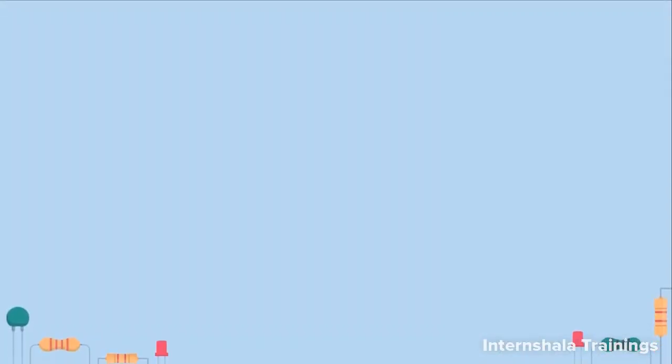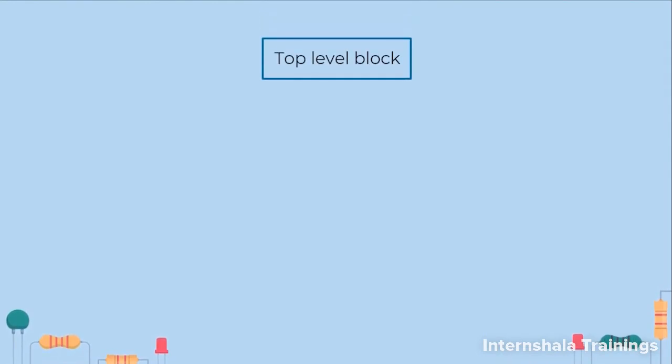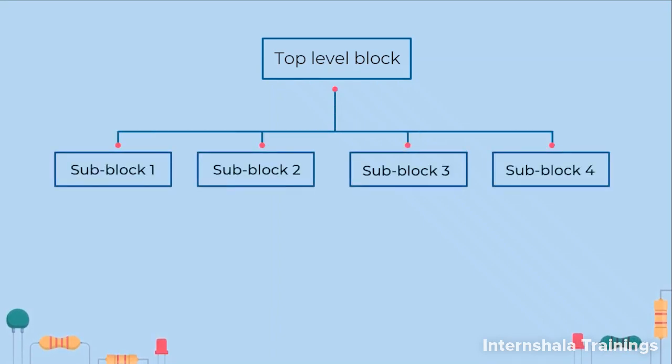So on the top, I have the top level block. I identify that this block can be implemented using 4 different sub-modules. So we implement them. We have to also identify the relation between these 4.